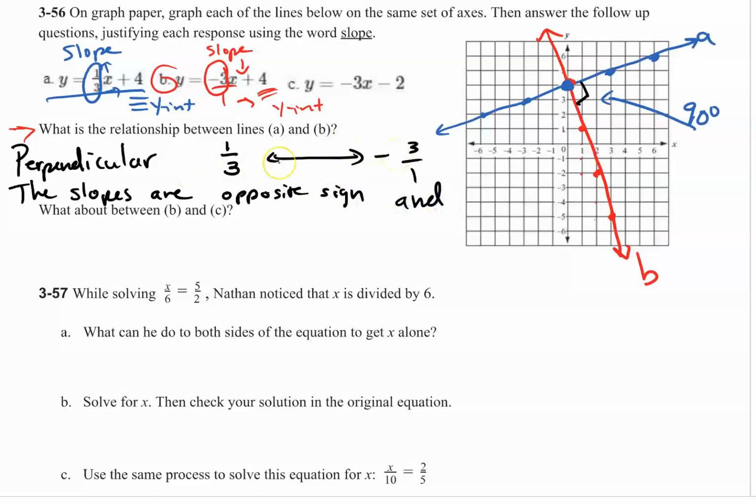They have to have opposite sign, and they have to be upside down, which we call in math reciprocal. So their slopes are opposite sign and reciprocal, therefore they are perpendicular. It's not enough to just look at the graph. The graph is helpful, but you need to actually look at the slopes to figure this out.